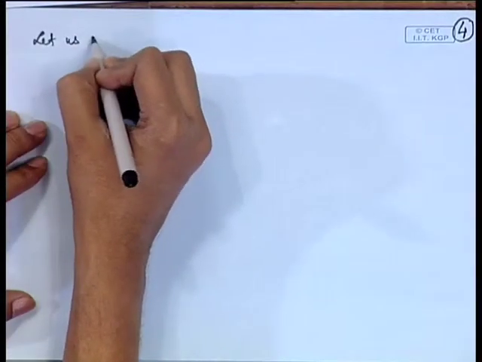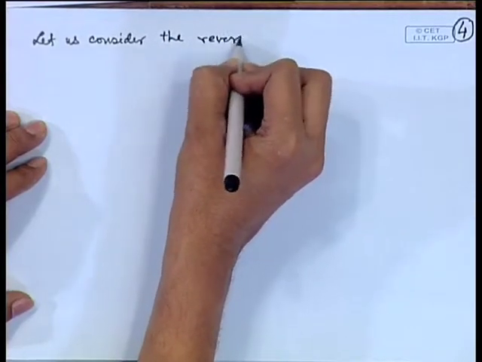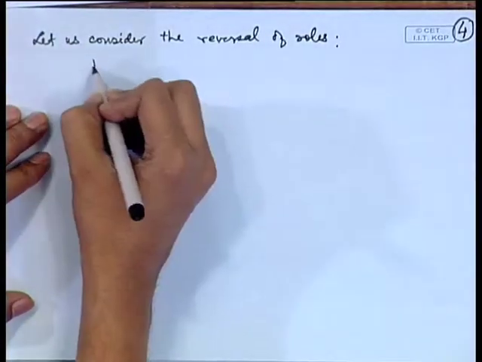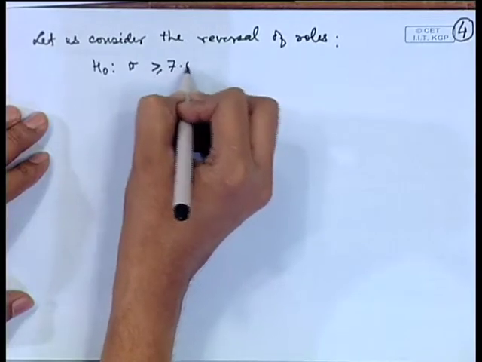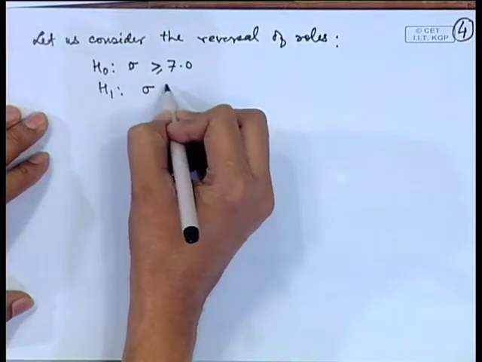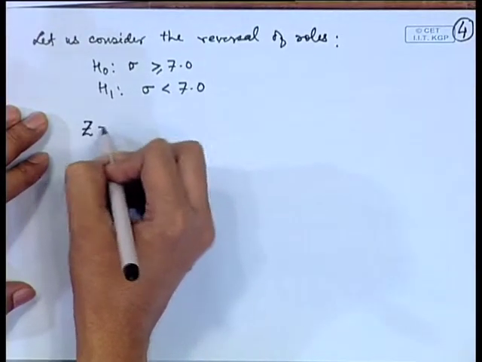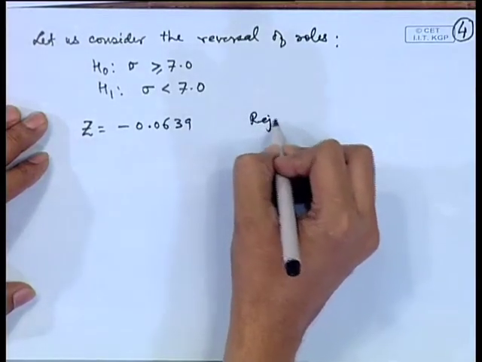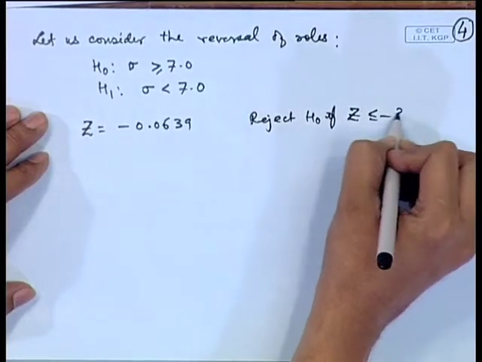Let us consider the reversal of roles. Let us consider H naught: sigma is greater than or equal to 7.0 against H 1: sigma is less than 7.0. Now, if you consider your z value, that is minus 0.0639, we reject H naught if z is less than or equal to minus z alpha.